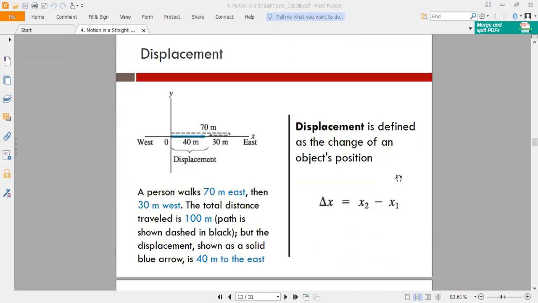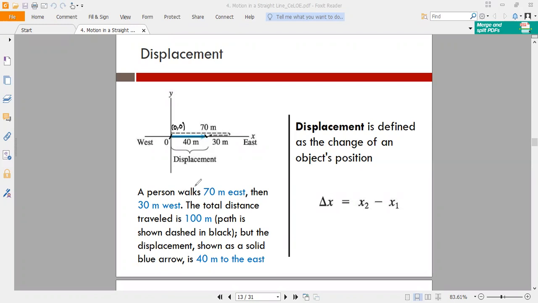Last time, on Monday, we already learned the difference between displacement and distance. Displacement is defined as the change of an object's position. So in displacement, we just need to find the initial position, for example this is 0, and this is the last position.